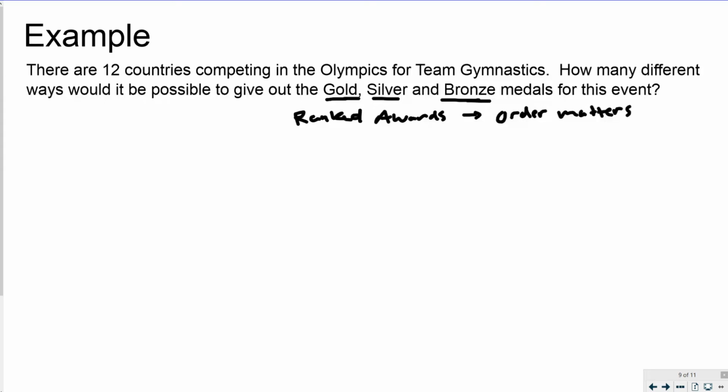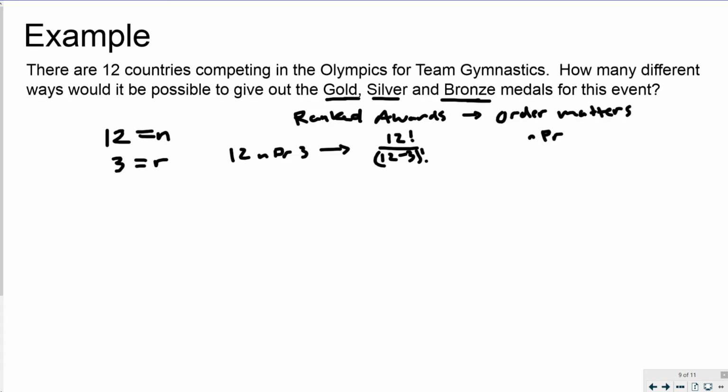So that means I need to use nPr. I have a pool of 12 countries to choose from. I must select 3 of them for the awards. So then it's going to be 12P3, which would turn into 12 factorial over 12 minus 3 factorial.